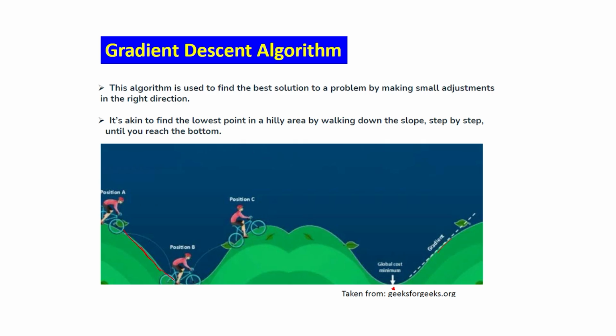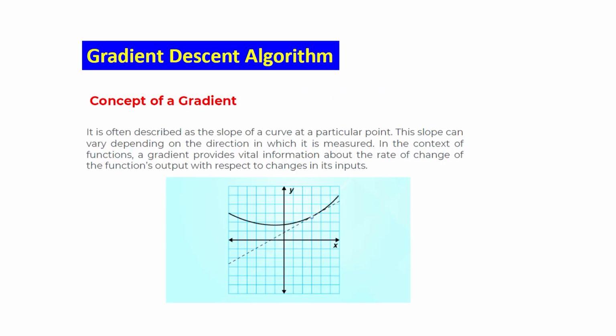So, once you reach here, the gradient was negative, that is fine, I reached, but the moment I go up, the gradient becomes positive, right. That means I am going in the wrong direction, I should come back. To explain further, the gradient of a function is nothing but a slope, right. Slope depends on the direction in which it is measured.